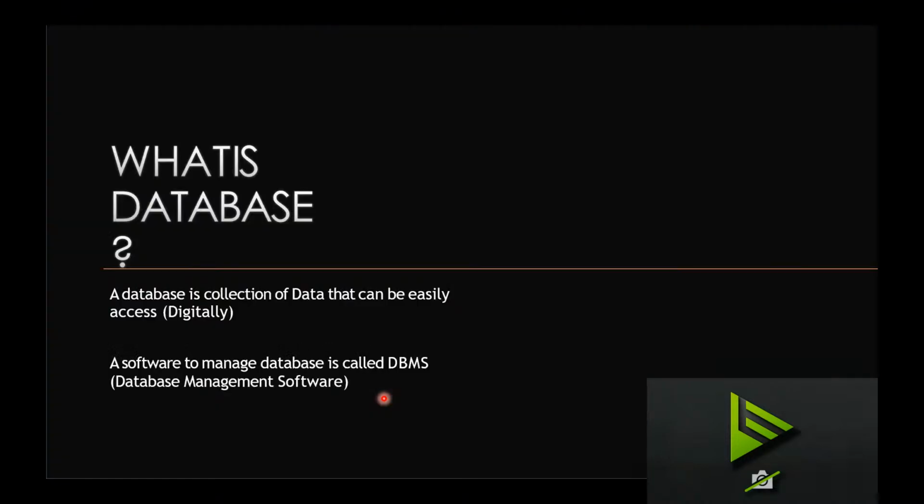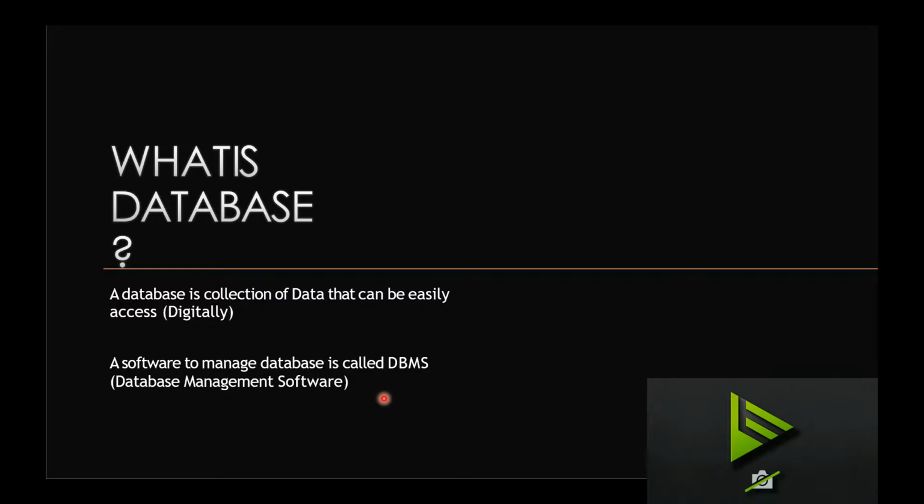And what is a database? I have told you that data is recorded digitally. Suppose you record some video or take some images of flowers or birds. These are data, and that data is recorded in your phone or camera.